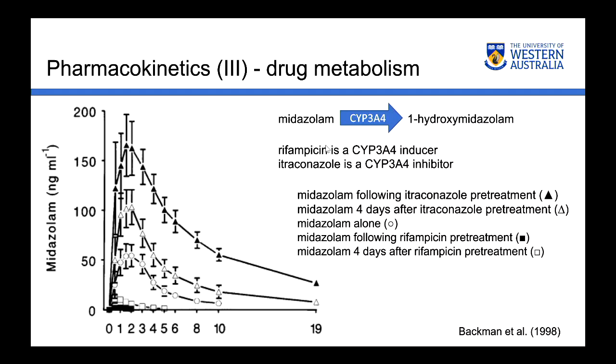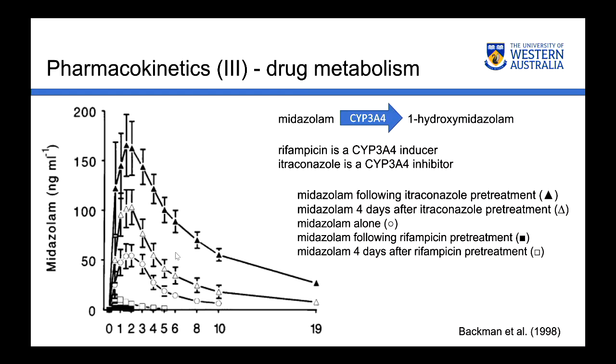Now rifampicin is a CYP3A4 inducer, so you remember that an inducer increases the expression of CYP, and therefore you will appreciate that the metabolism will be enhanced, and the plasma concentration of the parent drug midazolam should decrease. Make sense? Increased metabolism, and therefore the parent drug will be reduced in terms of plasma concentration.